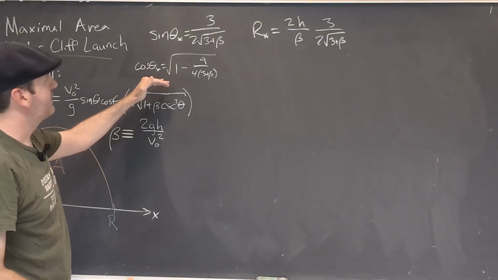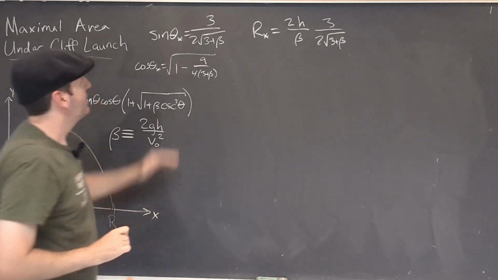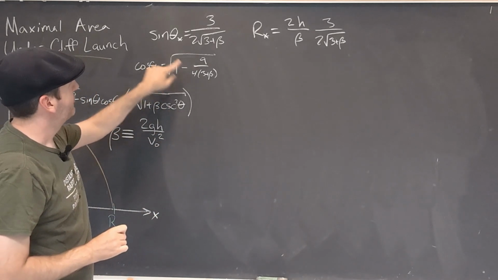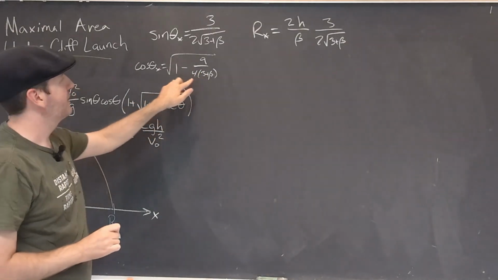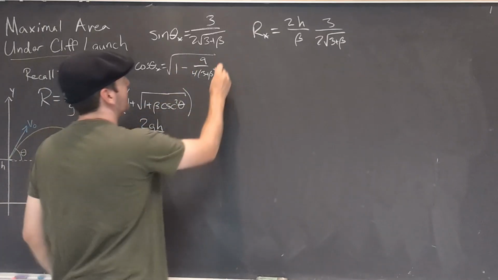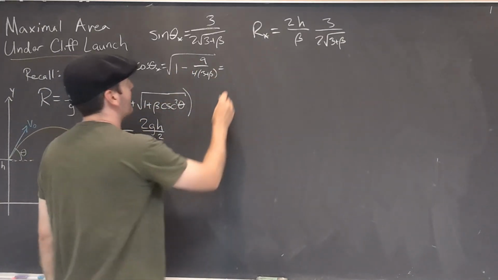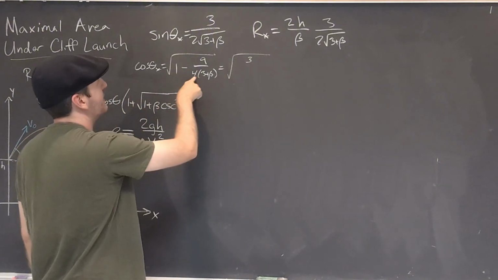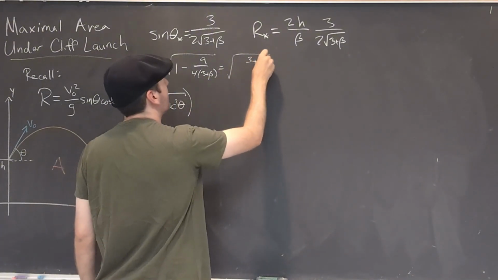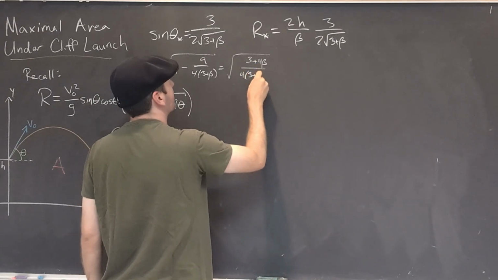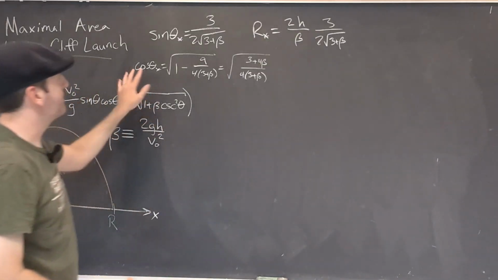Finding the common denominator there will give me a 4 times 3 plus beta. 4 times 3 is 12. 12 minus 9 will give me a 3. So I'll have root 3, and then I'll still be left with this 4 beta. So 3 plus 4 beta all over 4 times 3 plus beta. So that'll be my cosine.